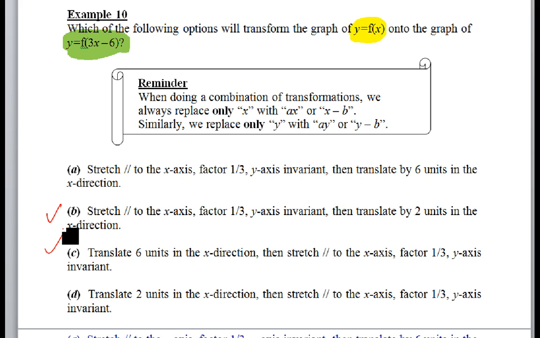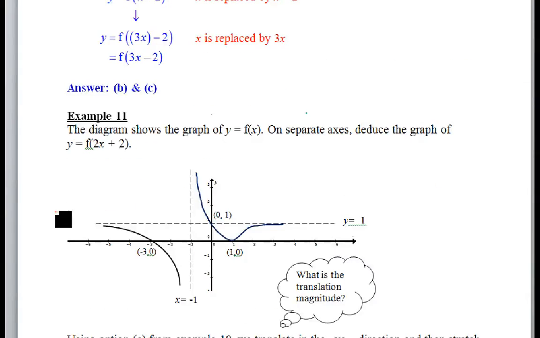There's a 3x here, I will stretch by 1/3. So I do this order, translate first, then stretch. It will be less confusing. I'm not saying B is wrong, it's absolutely right. But you must be careful when you do it. Do you follow what I'm saying? Good. Okay, let's take a look. Example 11.